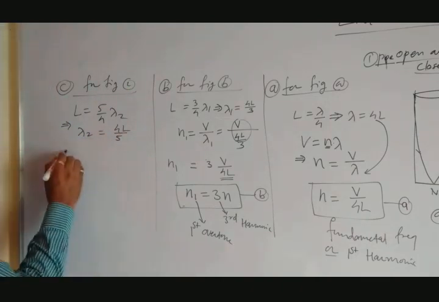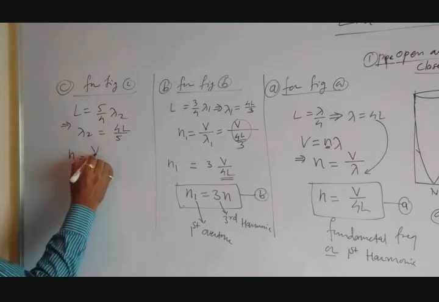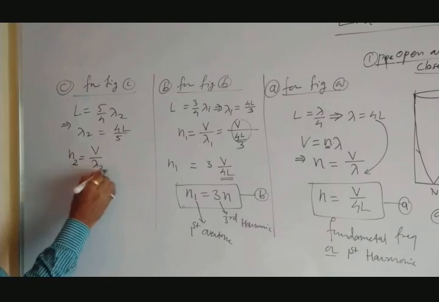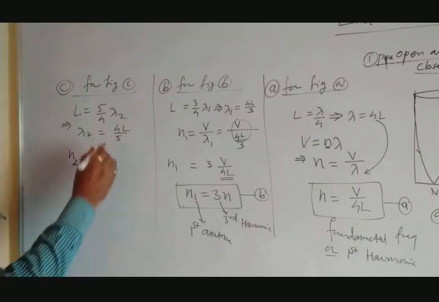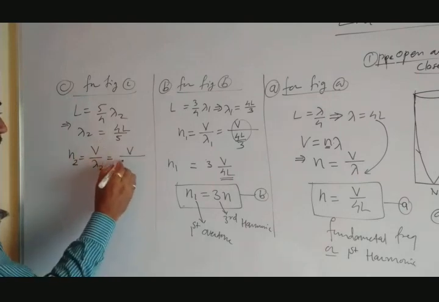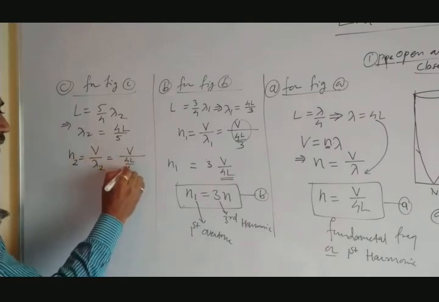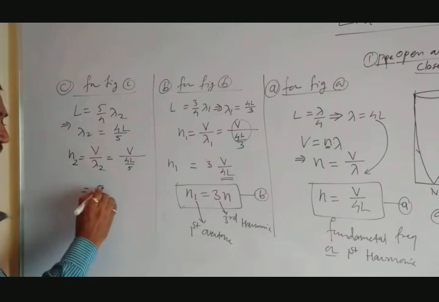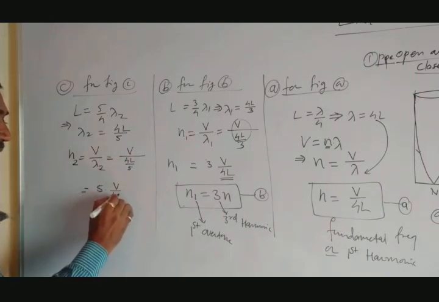As we know the formula, n equal to V by lambda. It is second, so it is n2 equal to V by lambda 2. Put this lambda 2 here. You can write it as V divided by 4L by 5. So 5 goes to the numerator, 5 into V by 4L.